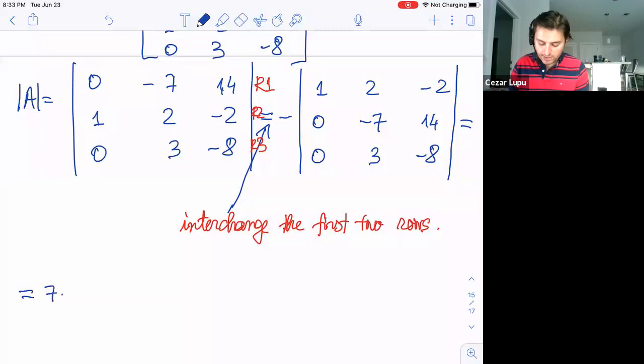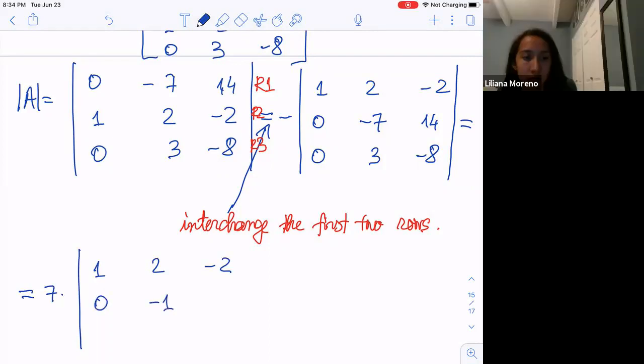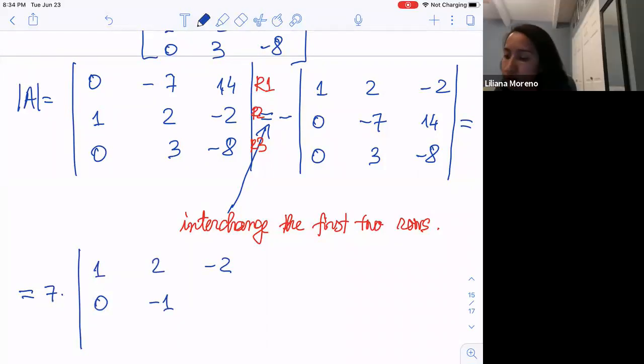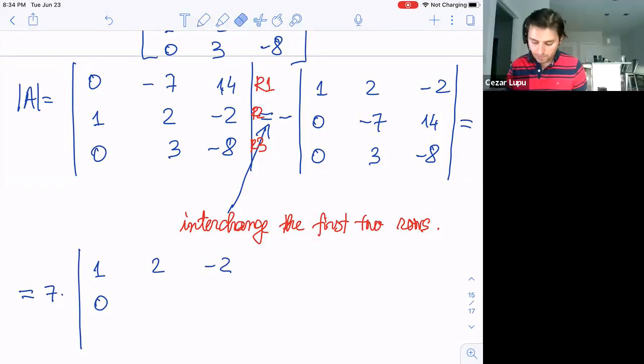So I'll have 7 times 1, 2, -2. Here I have 0, 1. Sorry, I factored -7. So I factor -7, and here I'll have -2, and the last one will be 0, 3, and -8.